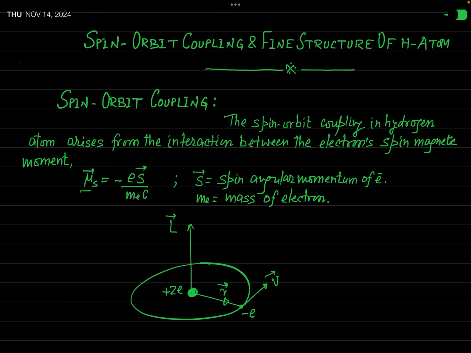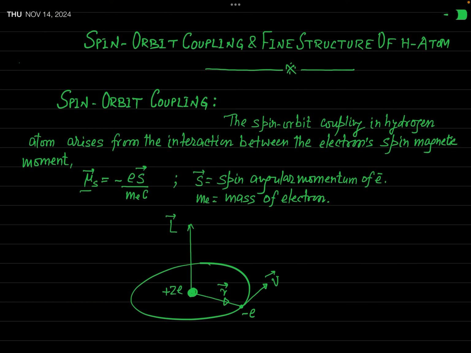When the charge is in motion, then it creates a magnetic field. So when you take the proton or the nucleus in a rest frame, it cannot produce a magnetic field. But if you consider a frame relative to which the proton is in motion, then the proton can create a magnetic field.